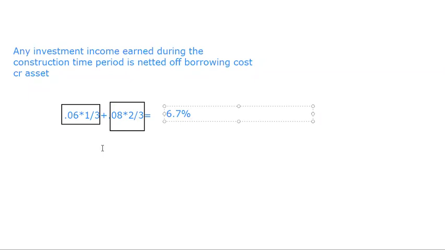So the borrowing cost is 600,000 into 0.067 into how many months? Well, the construction time period is 8 months, so into 8 by 12. Okay, can someone do the number for me, please? Or I will have to do it. Hold it.